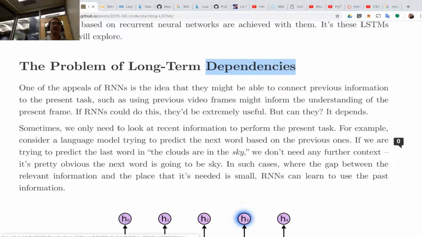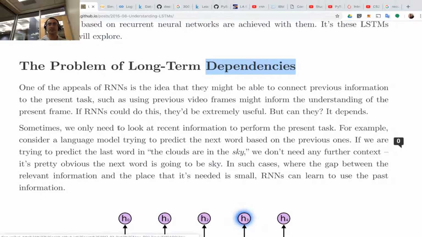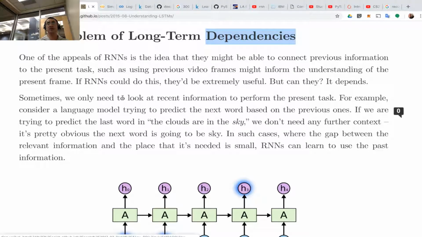Okay, now it makes sense why he or she is doing all this stuff, right? So you have dependencies, but you have to go back in time. If RNNs could do this, they'd be extremely useful. But can they? It depends.